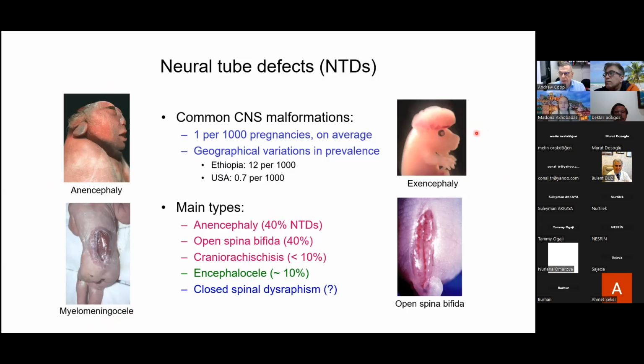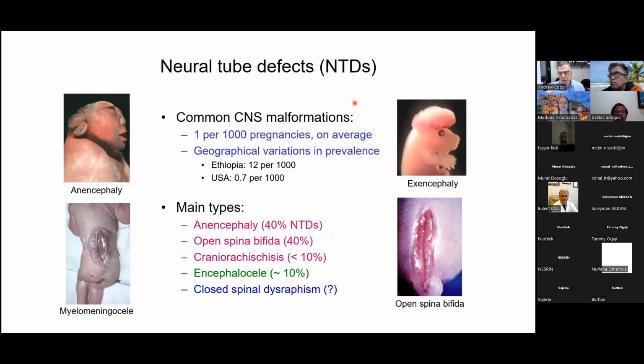On the right, we have the mouse defects, as we see in a mouse fetus, exencephaly, which is the forerunner of anencephaly, and later towards the end of pregnancy, the fetus in the mouse will develop an anencephalic appearance, and this tissue will degenerate. Open spina bifida, equivalent to myelomeningocele, is very, very similar in the mouse and in human.